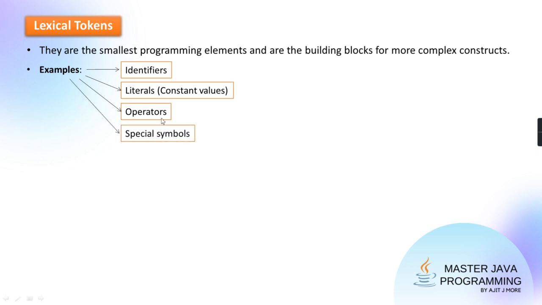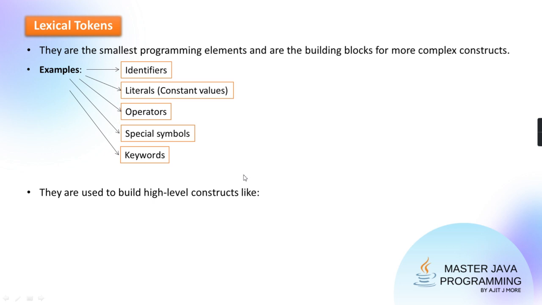Then special symbols, which we also call punctuations. Then keywords. All these are tokens. So tell me, area, radius, age, name are examples of identifiers.